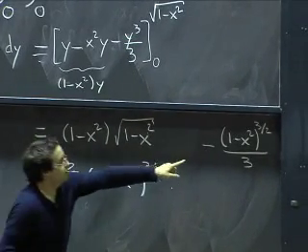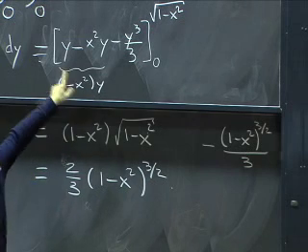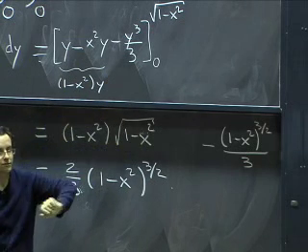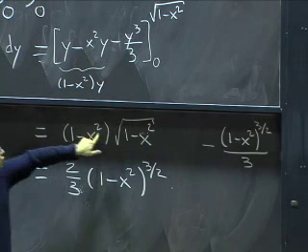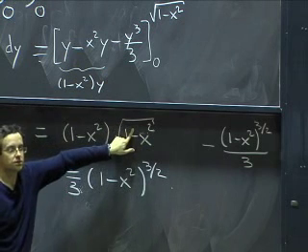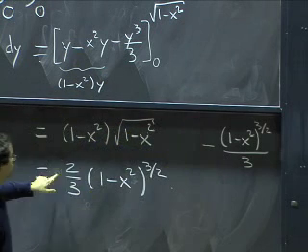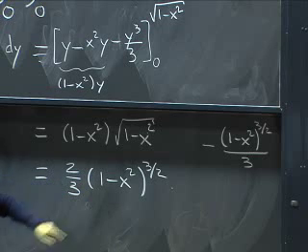Minus y cubed over 3. And then when I take y equals 0, I get 0, so I don't subtract anything. Okay, so now you see this is 1 minus x squared to the 3 halves minus a third of it, so you're left with 2/3. Okay? So that's the inner integral.